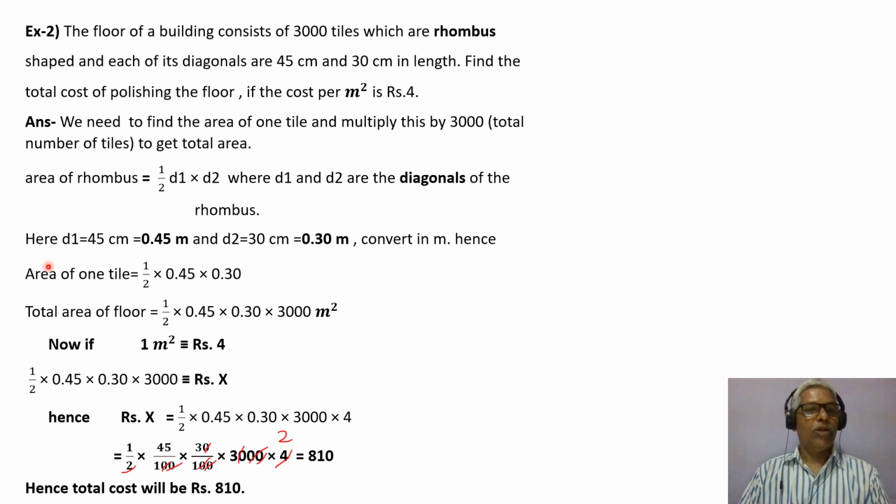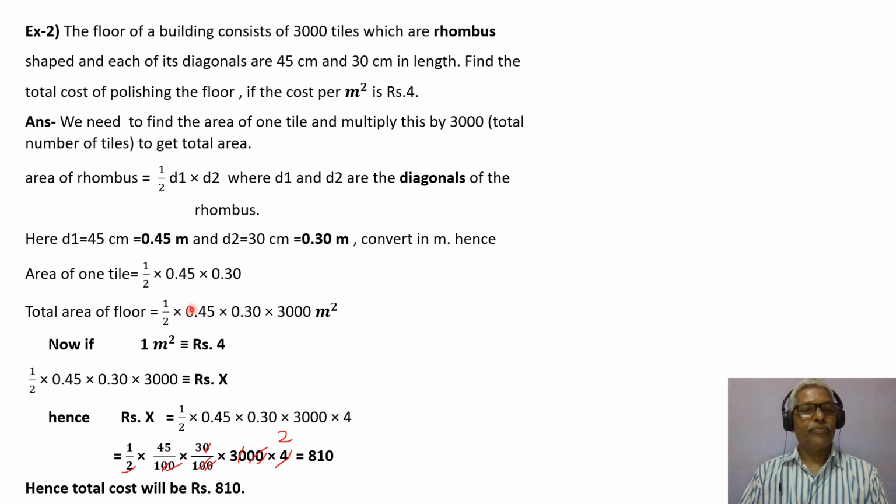If d1 is 45 centimeters, that is 0.45 meters, and d2 is 30 centimeters, that is 0.30 meters, converted in meters. Hence, the area of one tile is half into 0.45 into 0.30.